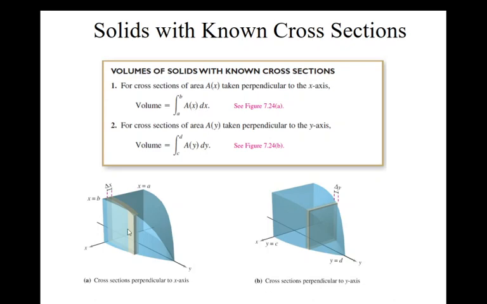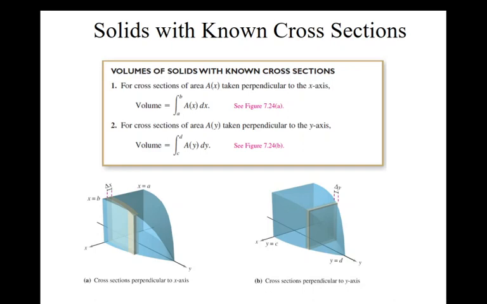The way that cross-sectional volumes work is that in the x and y plane, we have what we call our base area. And then we use three-dimensional shapes that are built by taking some kind of geometric shape and doing it in the third dimension.